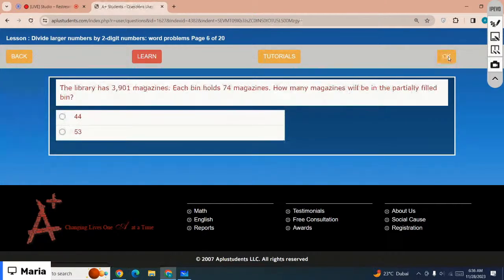The library has 3,901 magazines. Each bin holds 74 magazines. How many magazines will be in the partially filled bin? Which is the correct option?